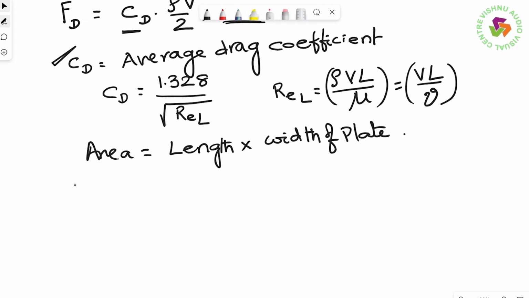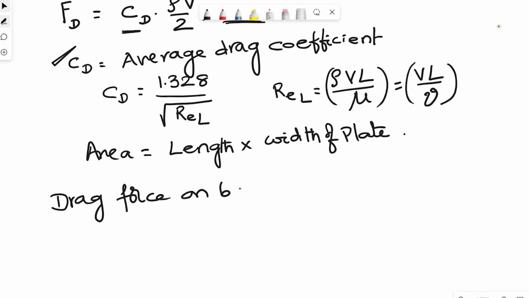If you want the drag force on both sides of the plate, you should know how that will be.